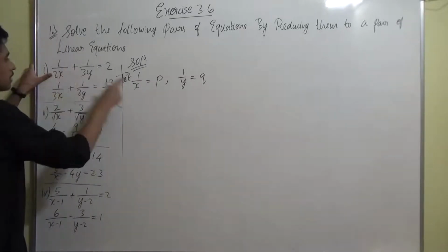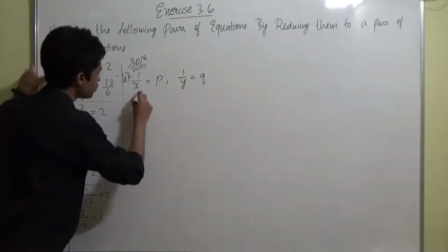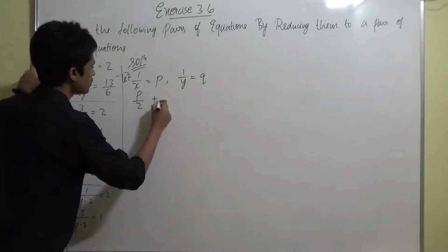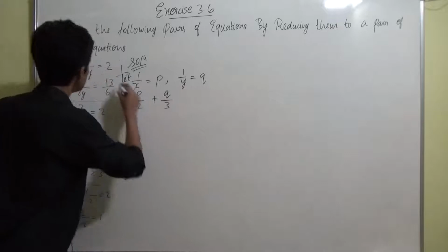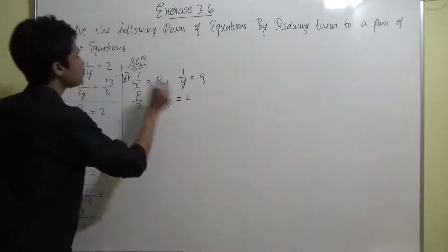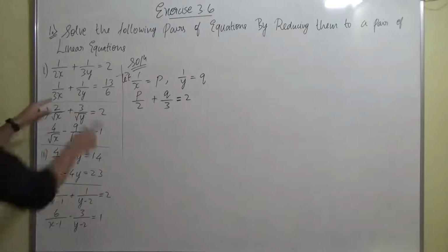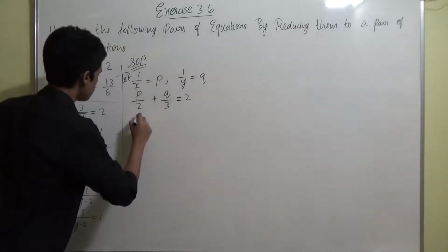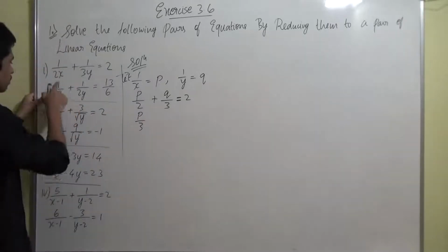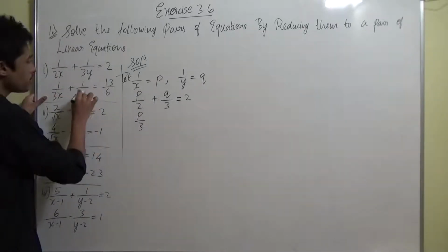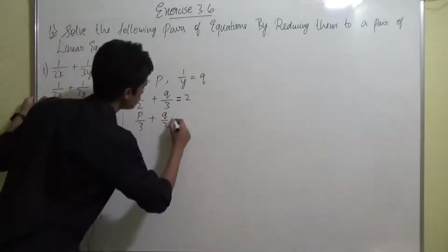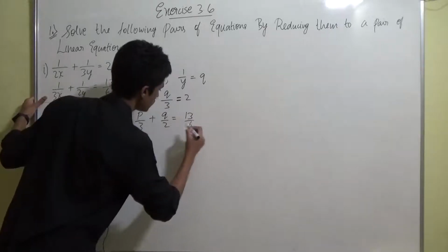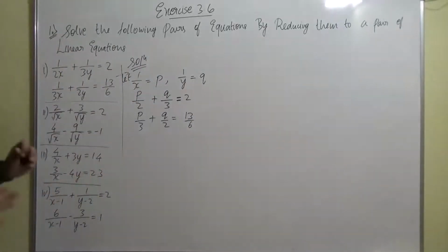And 1 by y becomes q, so it becomes plus q by 3 equal to 2. This is your first equation after the substitution step. The second equation becomes p by 3, because 3 is down, plus q by 2 equal to 13 by 6. These are the two equations we have reduced after substituting.